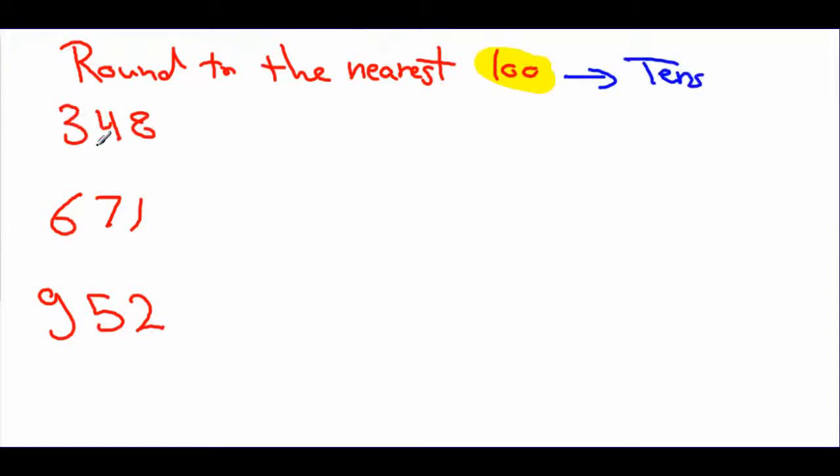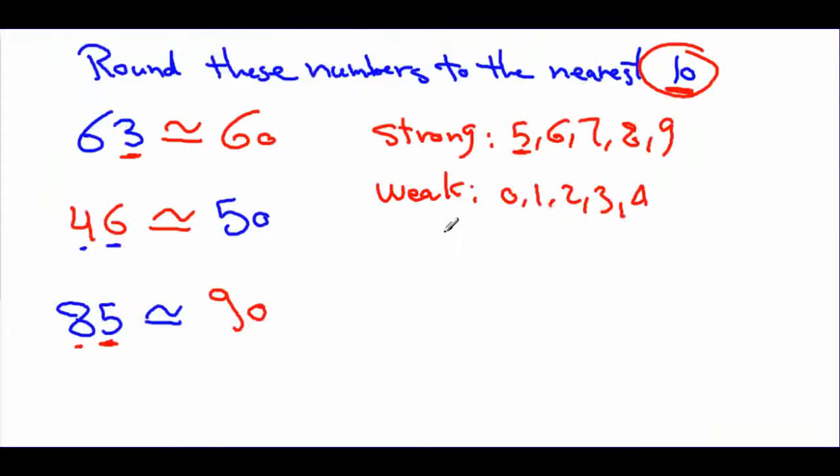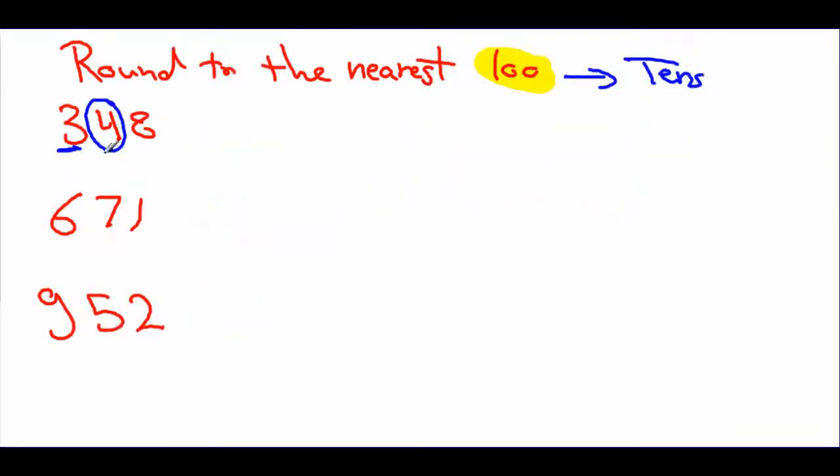Here is the hundreds, and here is the tens place. It is 4. 4 is from the weak numbers, so it will move me back. It will let me go back to the previous multiple of 100, which is 300. So 348 rounded to the nearest 100 is 300.